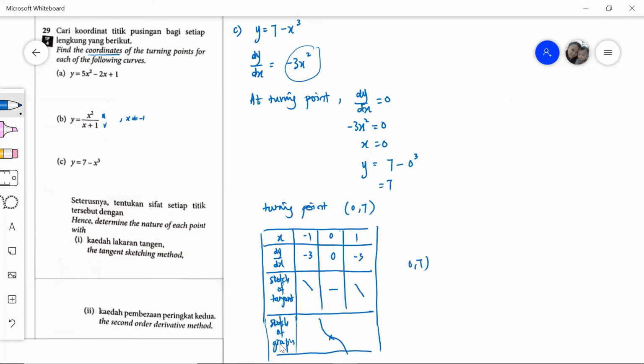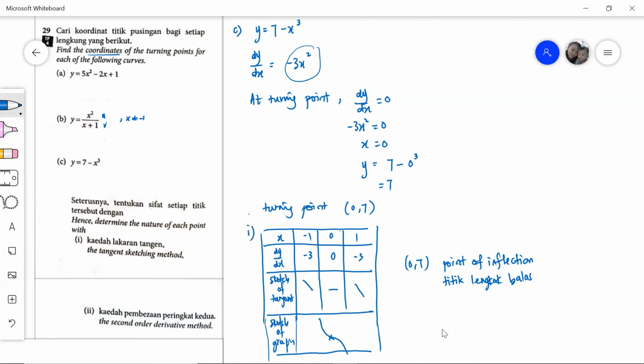The (0, 7) is the point of inflection. Point of inflection. Okay? In the term of bahasa is titik lengkok balas. Okay, it's supposed to change direction, but it continues. The gradient continues to be negative. That is the first method.